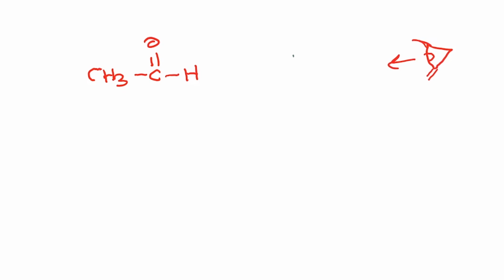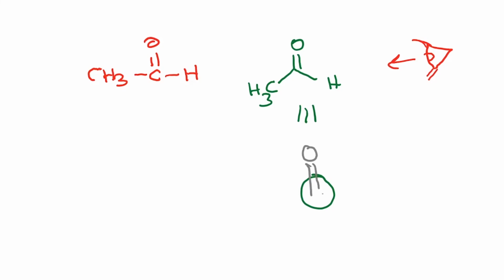The C double bond O is over here, hydrogen is over here, and the CH3 is here. If I draw this as a Newman projection, looking from the side that I have drawn, the front carbon is C double bond O with a hydrogen, and the back carbon has CH3.